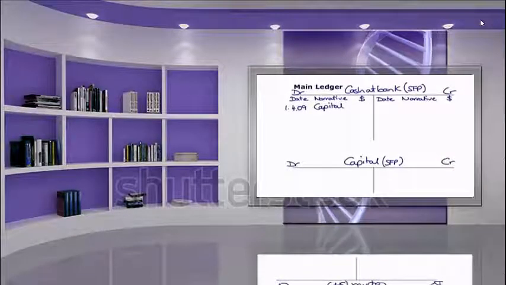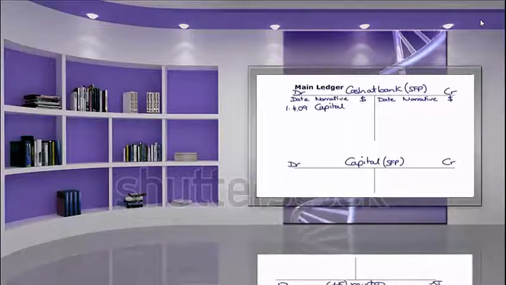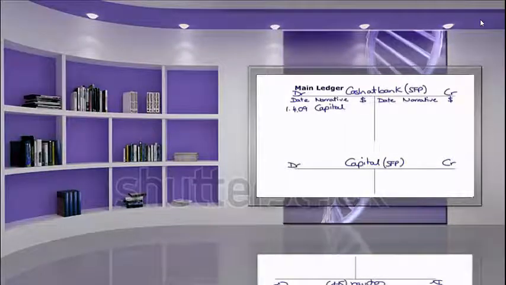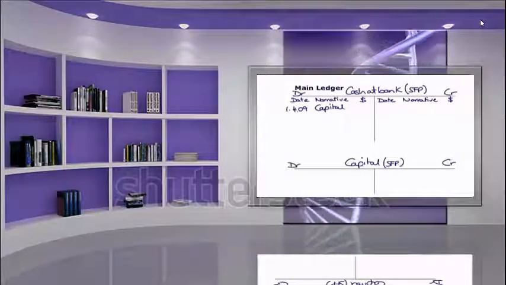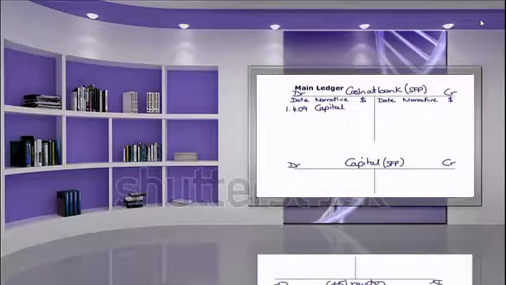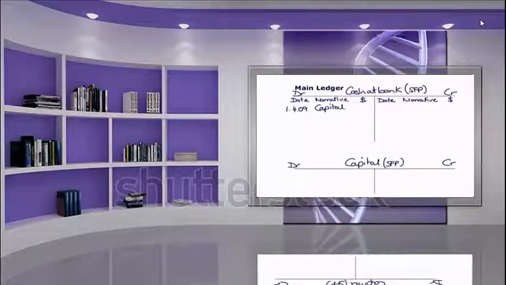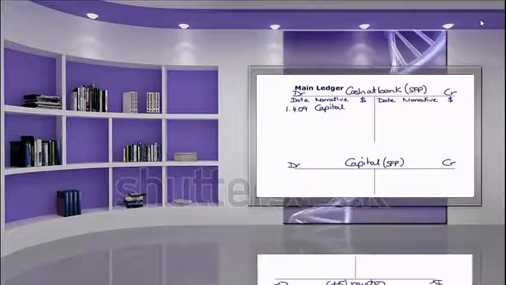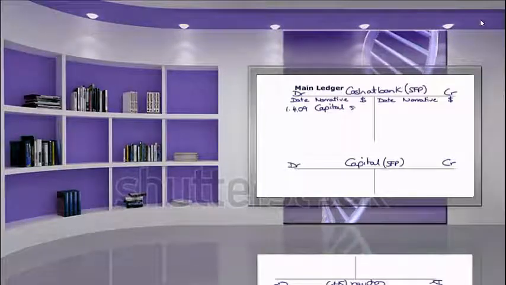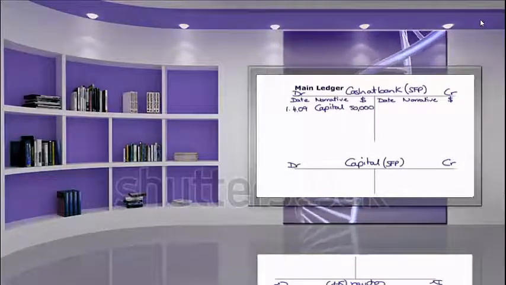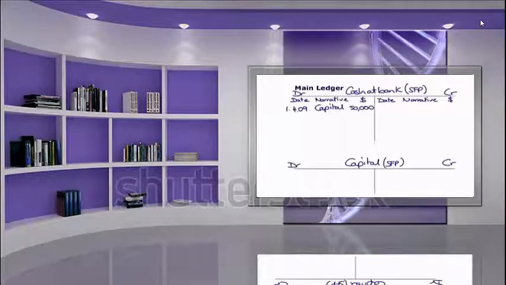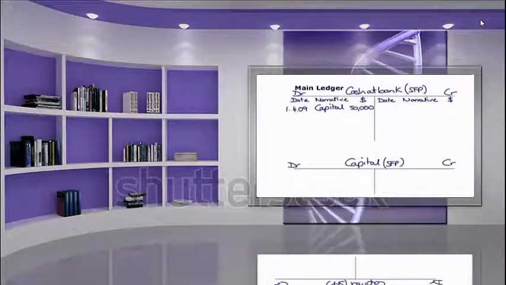So we're posting the opposite credit entry to capital, but we're writing that in there just so the bookkeeper can trace the double entry to make sure it all works. The amount we said was $50,000, and that's what we're going to put under the amount, the dollar sign.